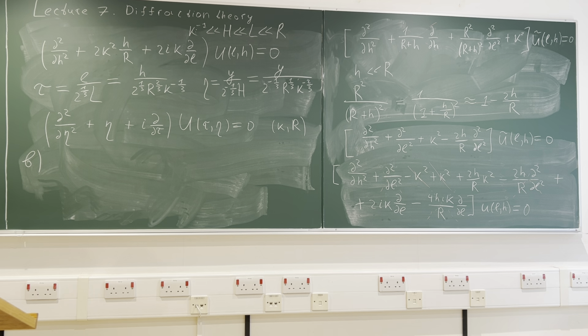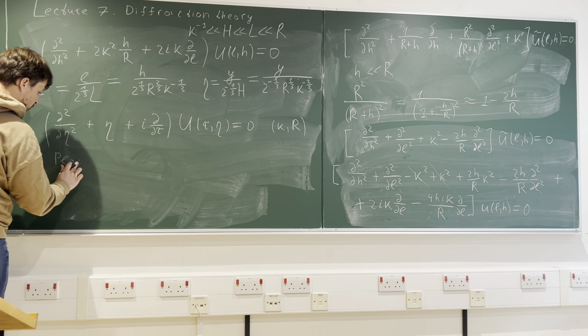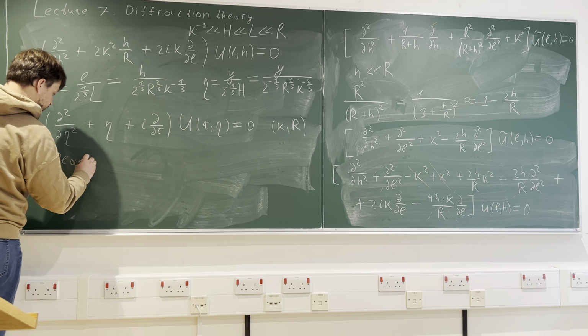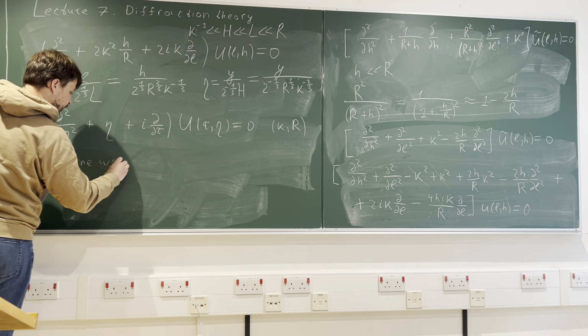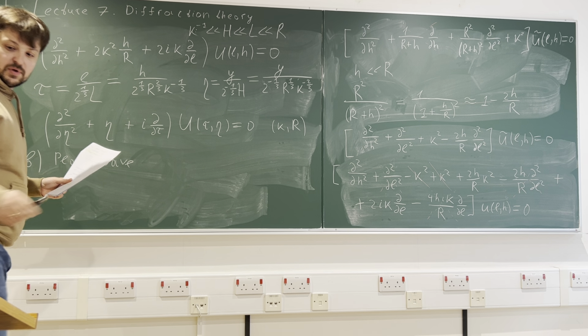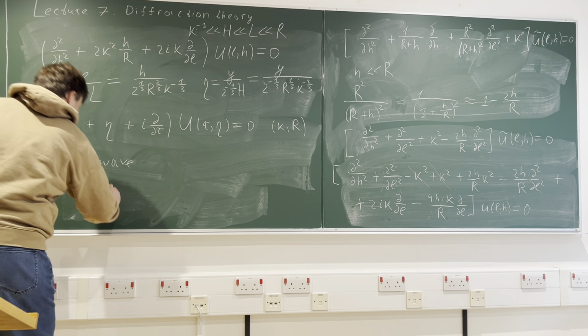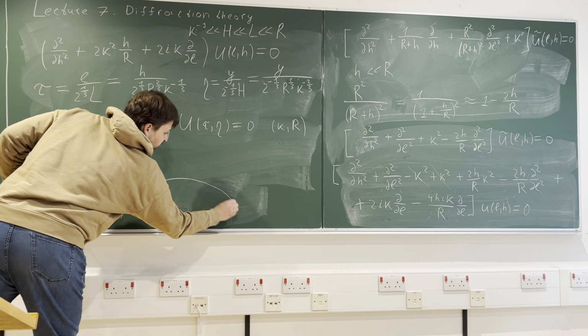So it's just step 1, step 2, step 3. First we need to understand the structure of a plane wave for this equation. What is a plane wave? Let's go resurface once again.